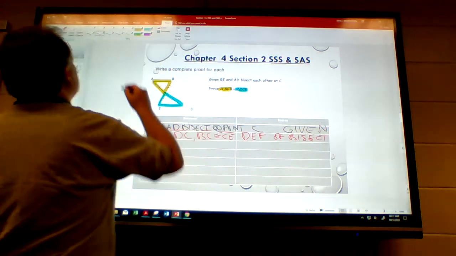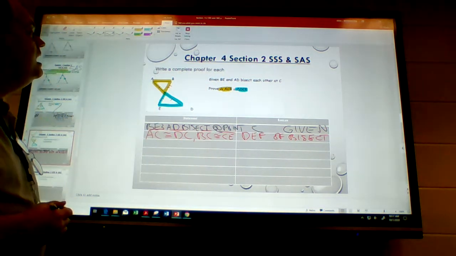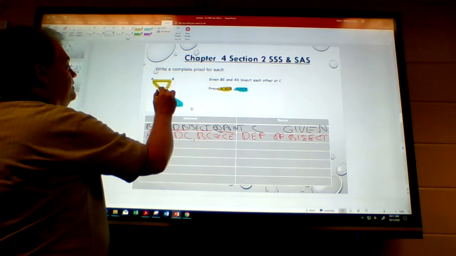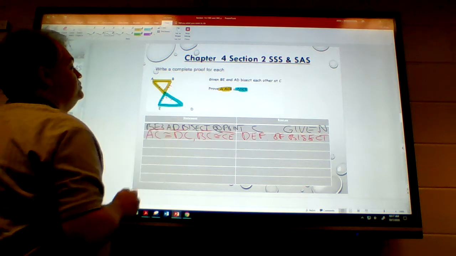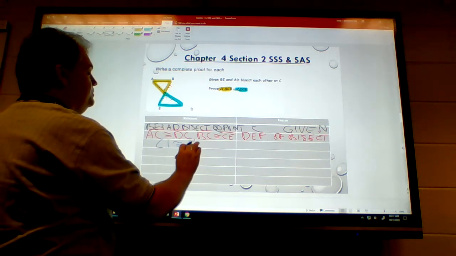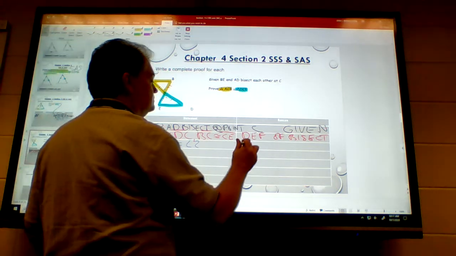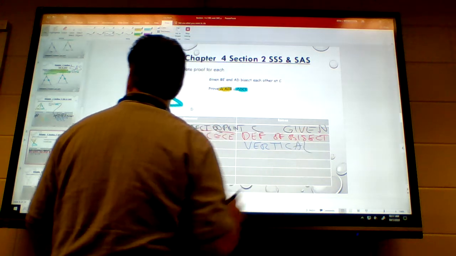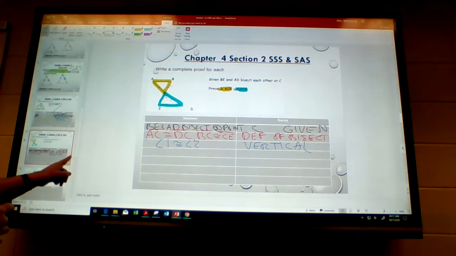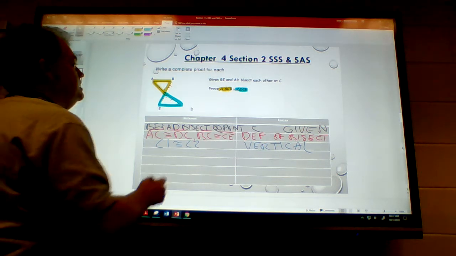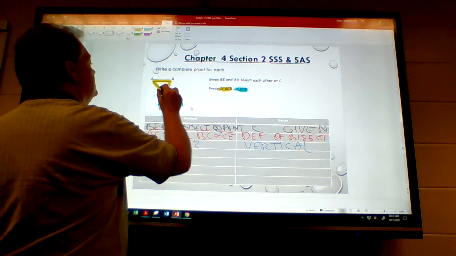Next. If you look at these two angles right here, I'm going to call that angle 1 and I'm going to call that angle 2. I'm going to say that angle 1 is congruent to angle 2 because they are vertical angles. And I'm even going to mark them up here.